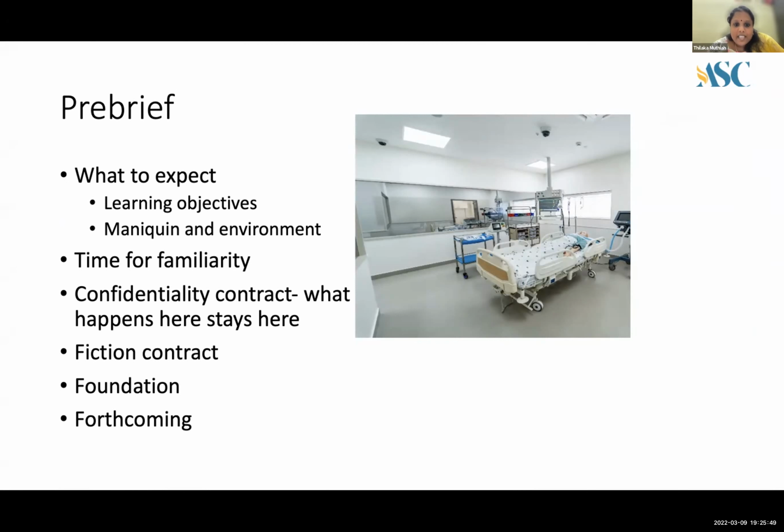And explicitly, we have to make a confidentiality contract by saying that what happens here stays here. So that if somebody makes a mistake, that will not be taken out of that room and they will not be humiliated or punished for something similar that happens in a clinical area. This is very, very important.